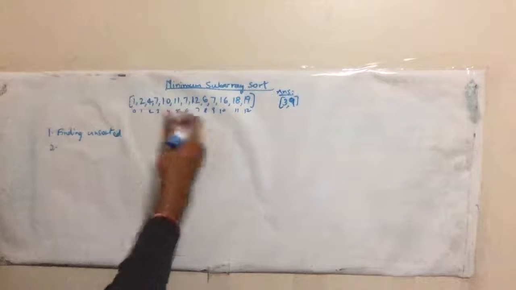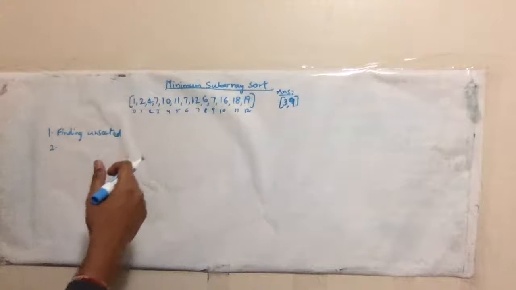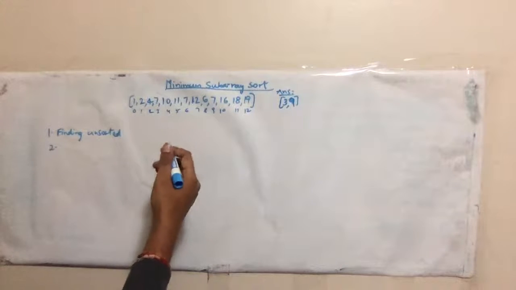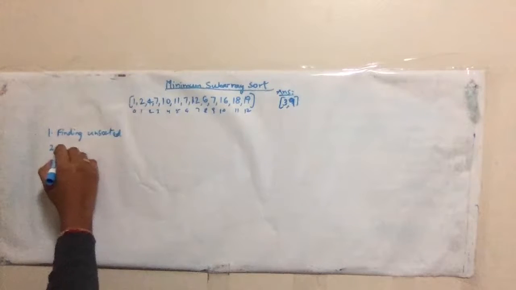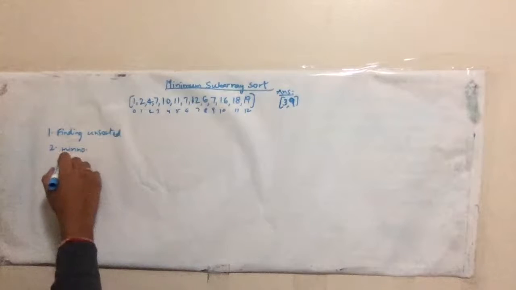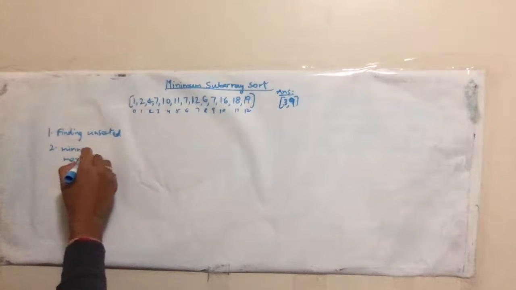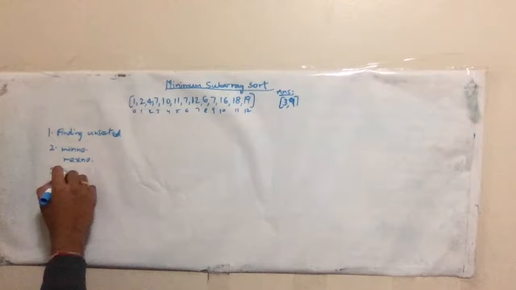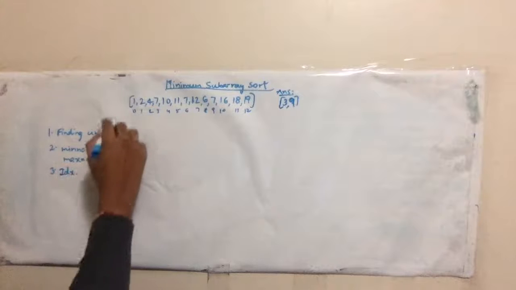After finding the unsorted elements, we need to find the minimum number and the maximum number among those unsorted numbers. Afterwards we need to just get the indices. This is the logic.